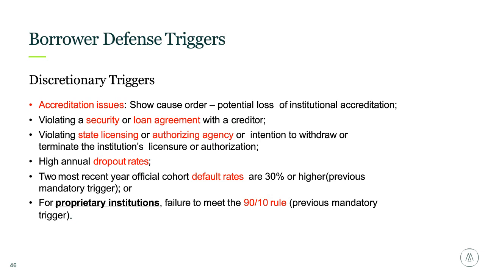These are required to be reported to the U.S. Department of Education within 10 days, but with discretionary triggers, the composite score isn't automatically calculated like it is with the mandatory triggers.